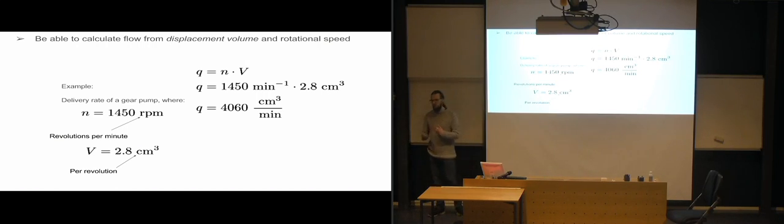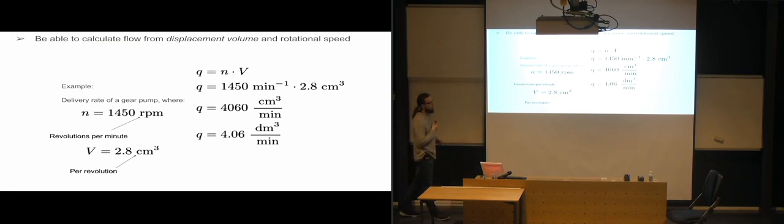But we usually want to have our flow in liters per minute. It makes a bit more sense to us. We know how much 1 liter of milk is, so that makes it easier for us to visualize how much fluid is passing through here. So we need to convert the cubic centimeters to cubic decimeters instead.